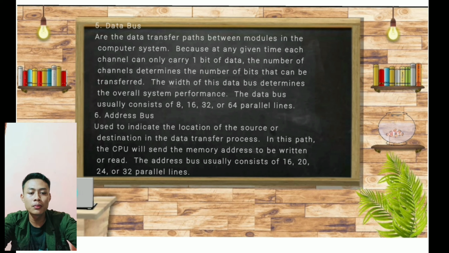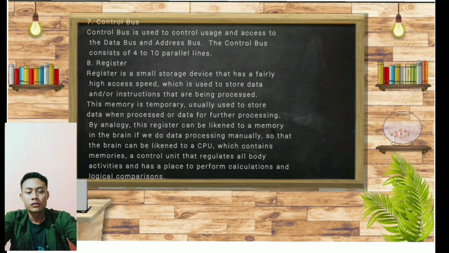The address bus usually consists of parallel lines. 7. Control bus. The control bus is used to control the use of and access to the data bus and address bus. The control bus consists of 4 to 10 parallel lines.